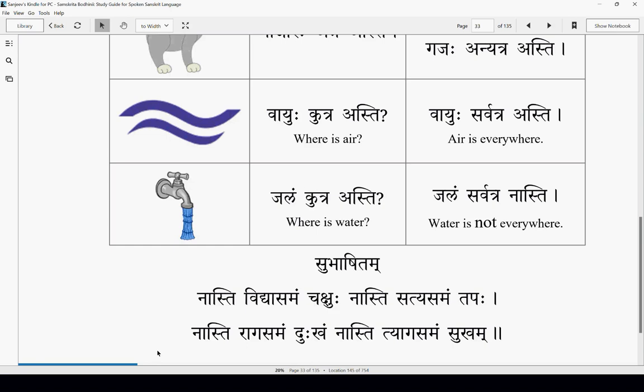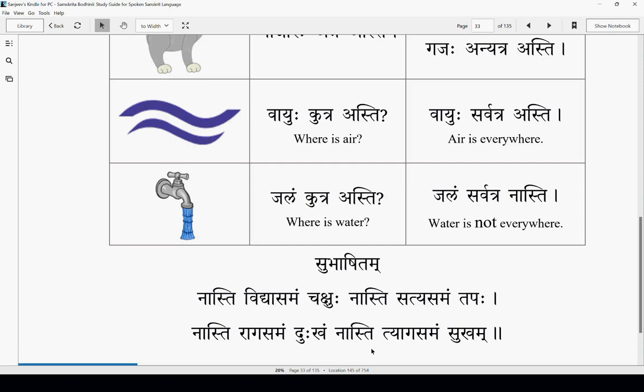So there is no sadness or suffering, like sorrow, dukham, which is equal to raga. Greed, bonding. Bonding or asakti. So if you are deeply interested in something, attachment. Right. So if you have attachment, dukkha happens.